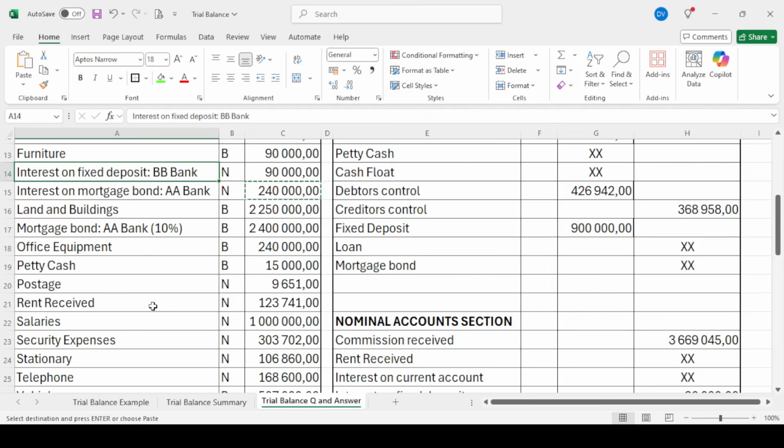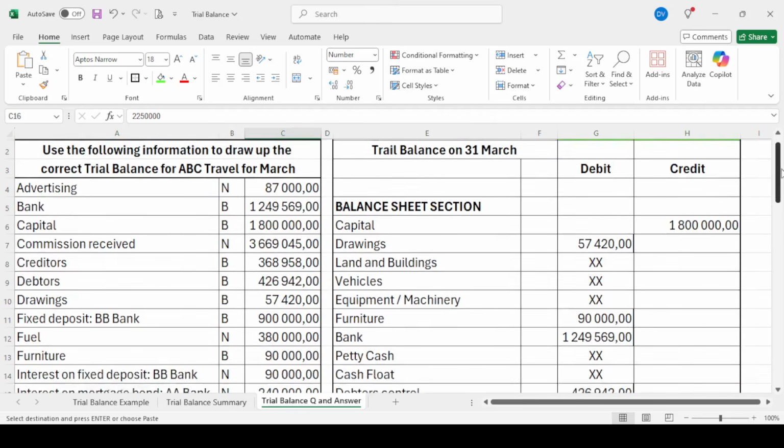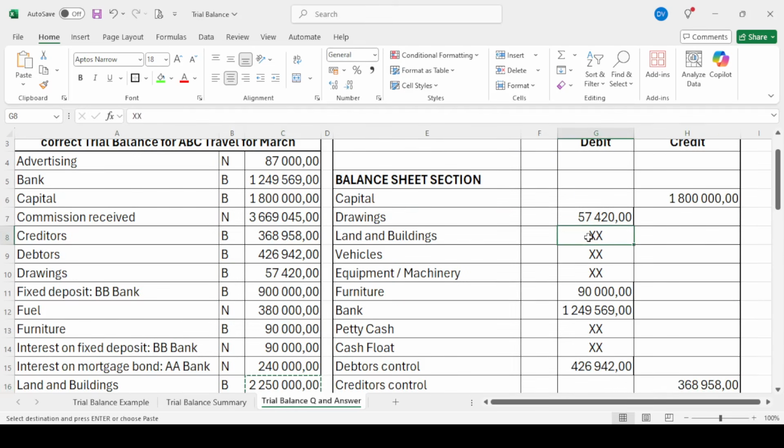It's money received. Interest on a mortgage bond, bad news. You're paying the interest on that bond that you've applied for. So it's an expense. Okay, land and buildings. We know that this is under our balance sheet section on the debit side.